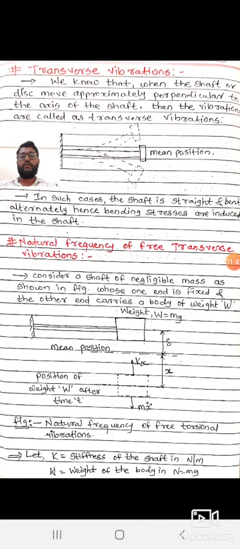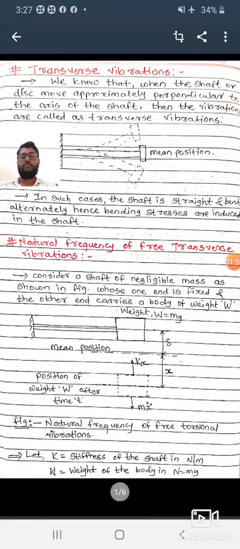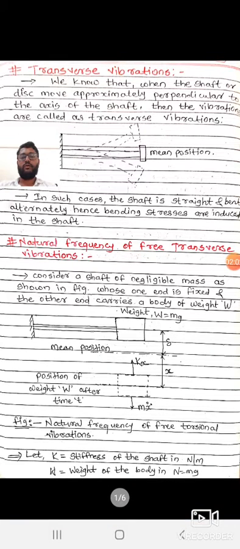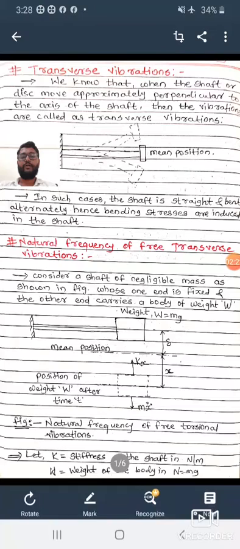When the mass vibrates about its mean position, the acting forces are kx and m x double dot, delta is the deflection, and x is the distance from the neutral axis or mean position to the position of the weight after time t.